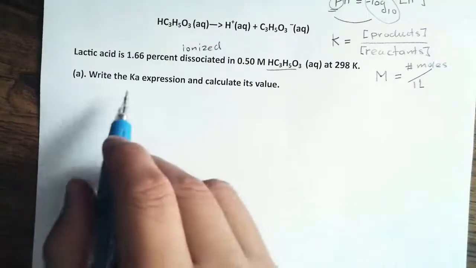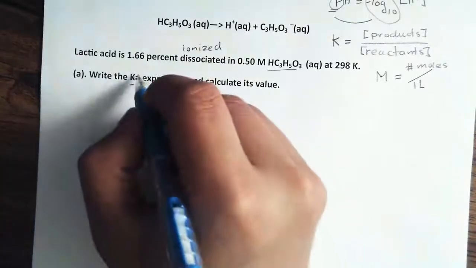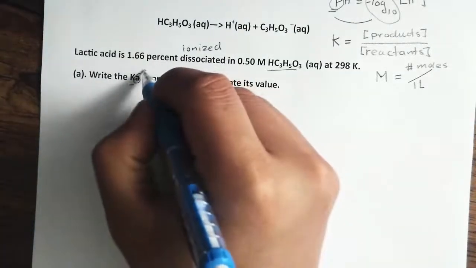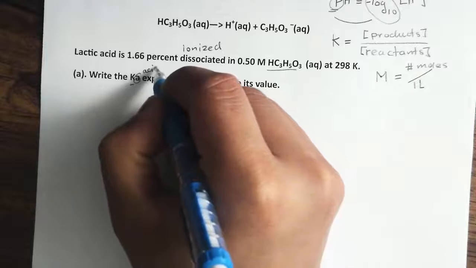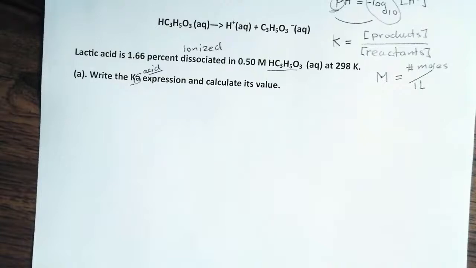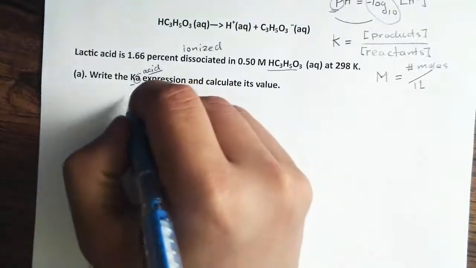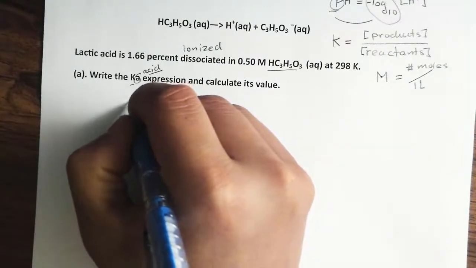In this case we have to write the Ka expression. Why is there a letter A? Because this is the dissociation constant of an acid. And calculate its value. First of all, we need to rewrite this in a way that we can set up the ICE table.